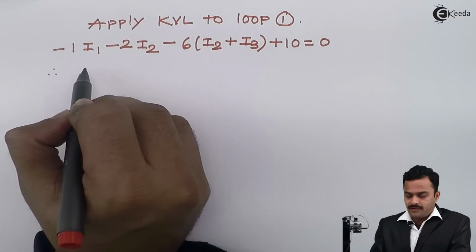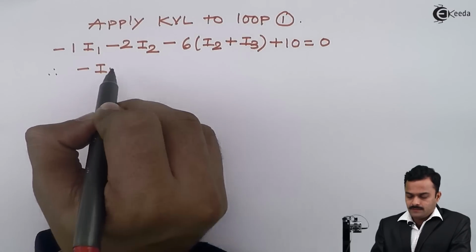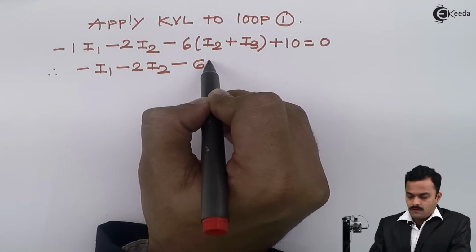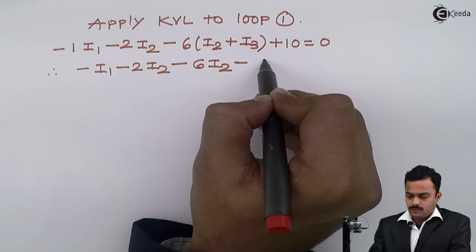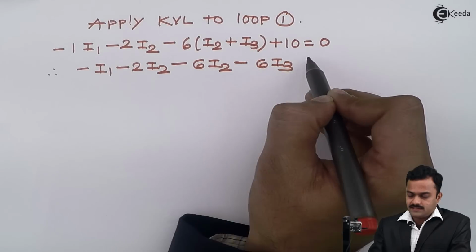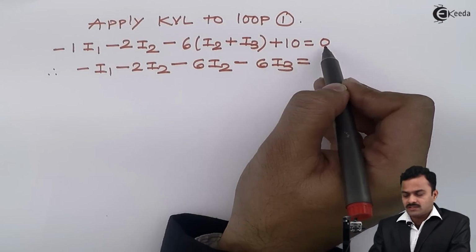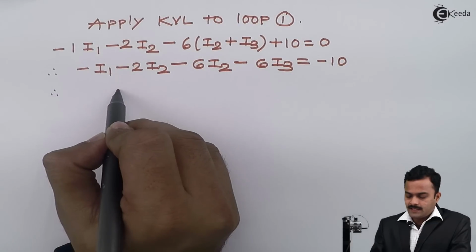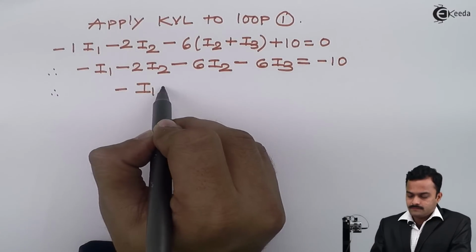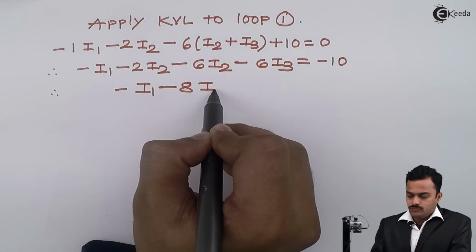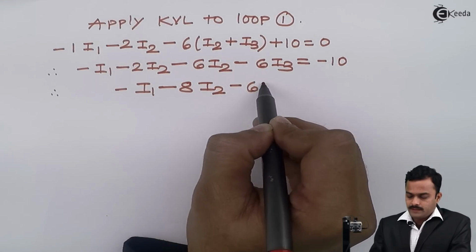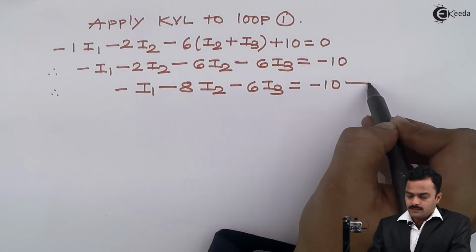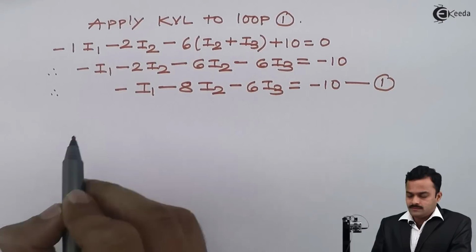Now I will simplify. I will get minus I1, minus 2I2, minus 6I2, minus 6I3. I am taking this constant to other side, so that will become minus 10. So finally I will get expression minus I1 minus 8I2 minus 6I3 equal to minus 10. This will be equation number 1.